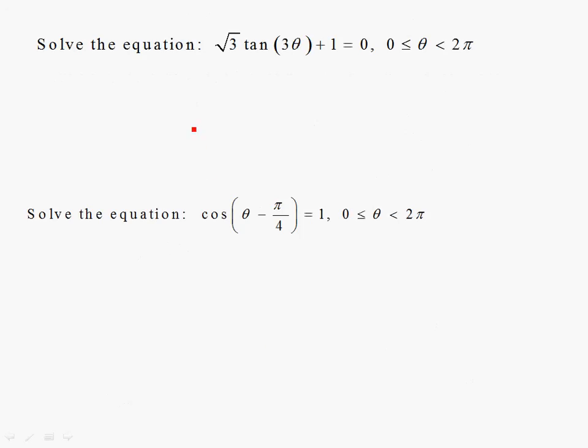Next one. So it starts the same way. So the square root of 3 times the tangent of 3 theta is equal to negative 1. Divide by the square root of 3. So it's negative 1 over the square root of 3. Draw a picture for it. So the tangent needs to be negative.